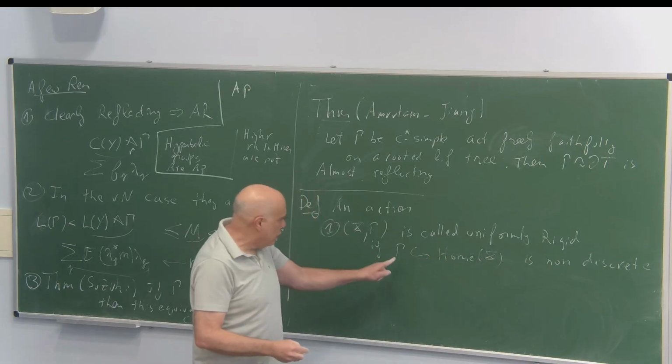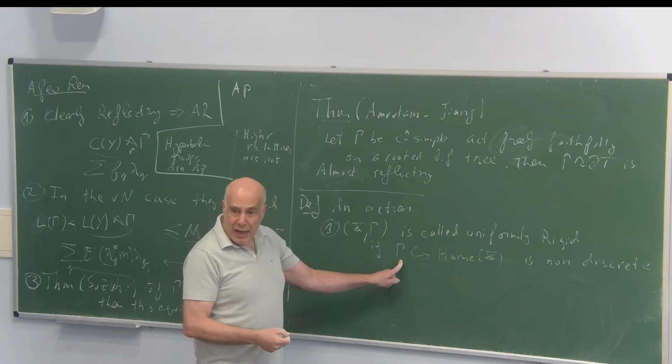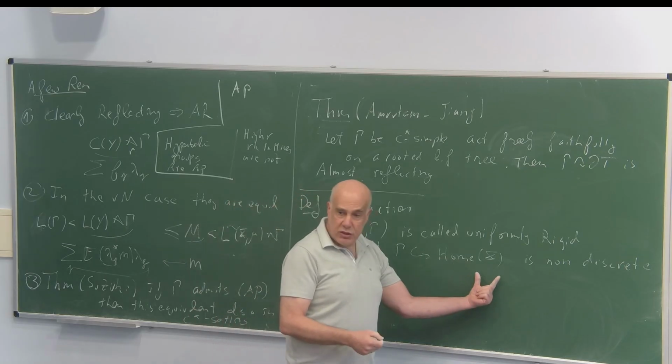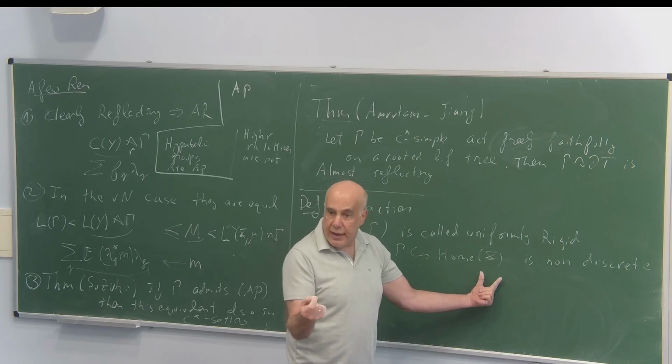So in particular, you have a sequence of elements in gamma that, viewed as elements of homeomorphisms of X, converge uniformly to the identity.